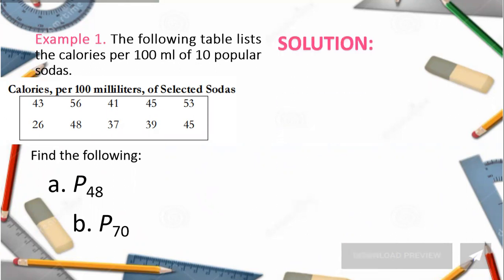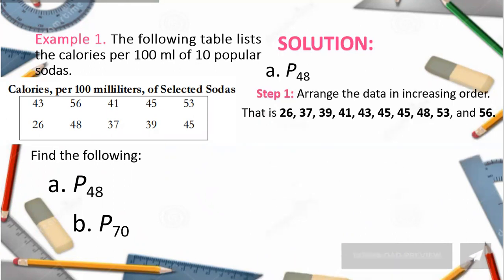For our solution, in finding the 48th percentile, first we need to arrange the data in increasing order. From the given data, the lowest is 26, followed by 37, 39, 41, 43, and so on, and the highest value is 56.